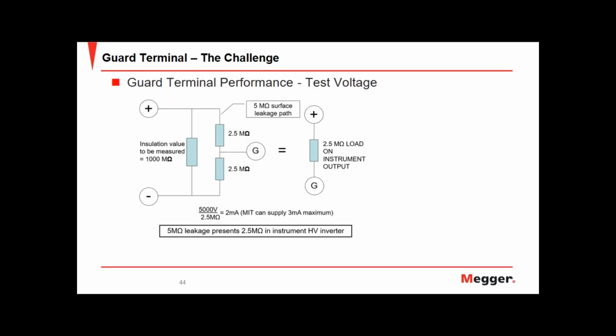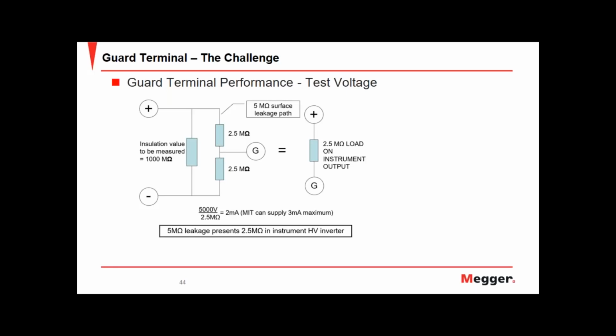So if we divide the test voltage, in this case 500 volts, by the 2.5 megohm, we get a 2 milliamp requirement for our test current. Now, the instrument we're concerned with today is the S1, and the S1 has 6 milliamps of short circuit current, so it can easily supply the 2 milliamps required by this particular resistance value.